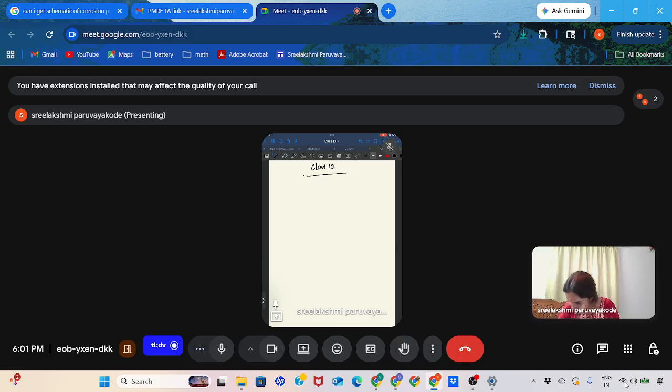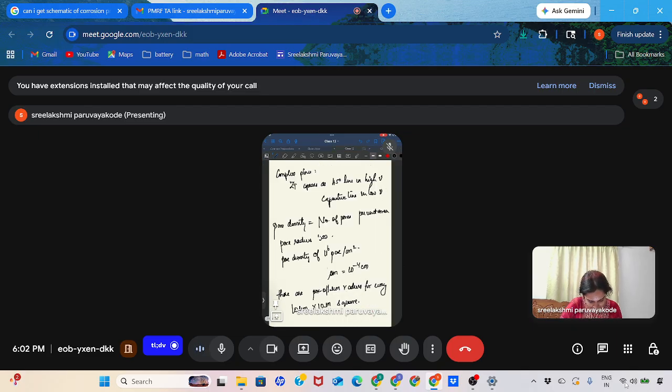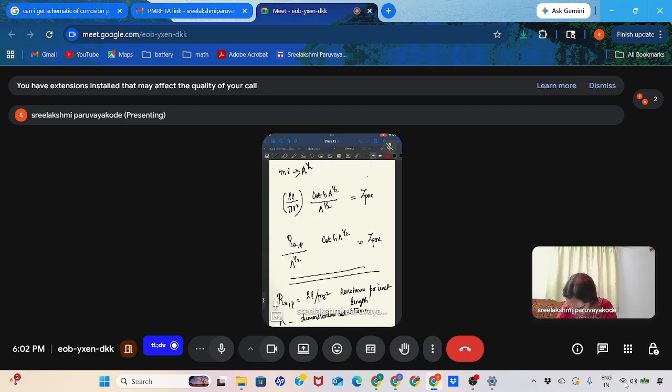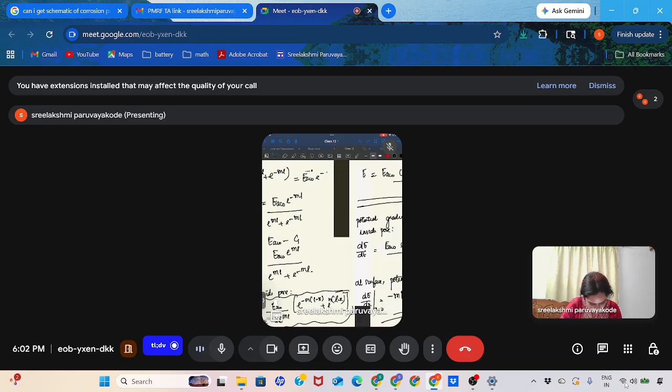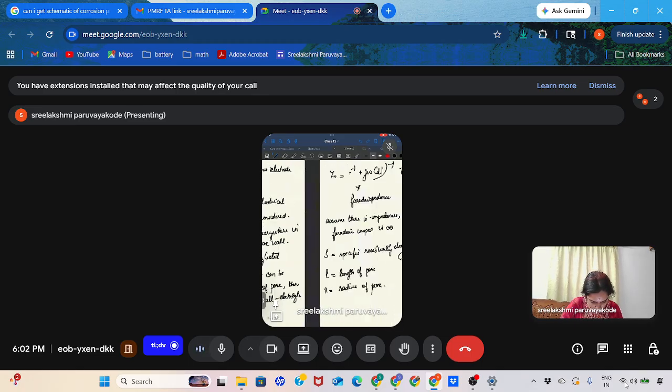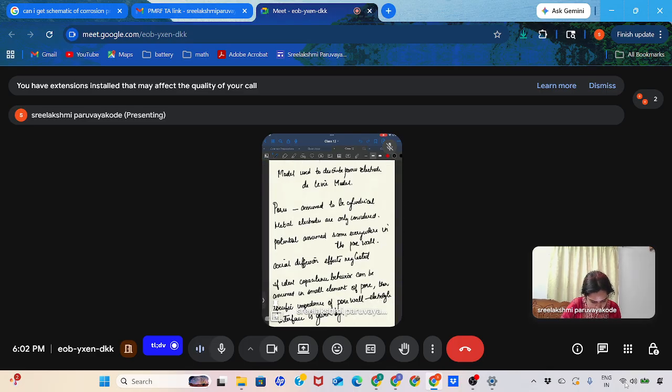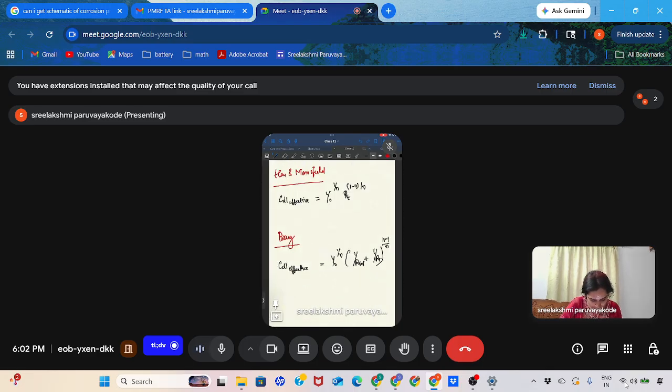So last class, I hope you remember where we had stopped. We were looking into the assignment problems, and we were looking at how the impedance model will be if we are taking into consideration a porous electrode.